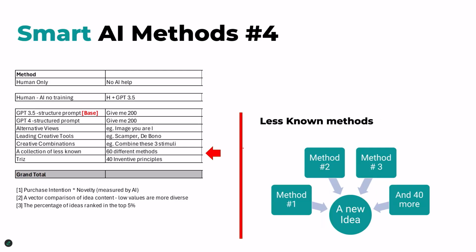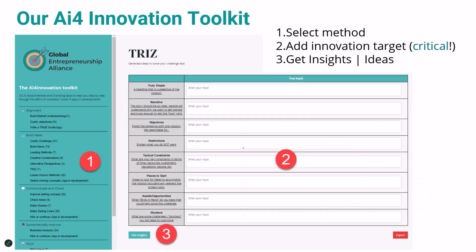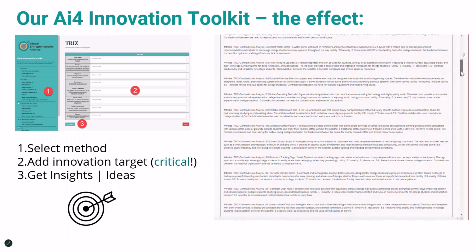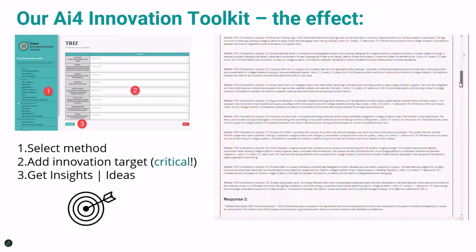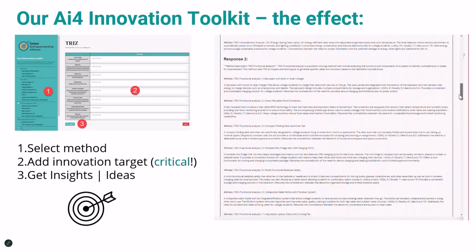And a whole bunch of different methods all combined together. What we've got, which we've built, is a toolkit where you can use the different methodologies. And actually, if you just go to one of the tools, you fill in the objectives and you push a button, what will pop out on the other side is lots and lots of ideas.